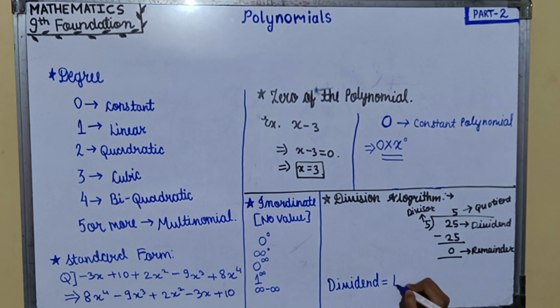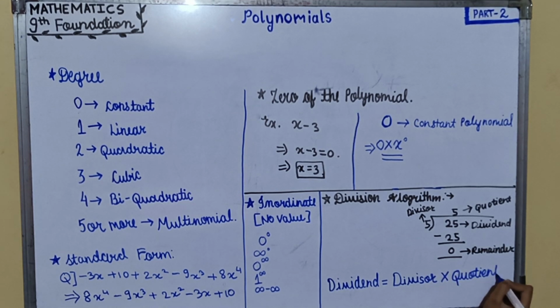So in the division algorithm, dividend is equal to divisor into quotient plus remainder.